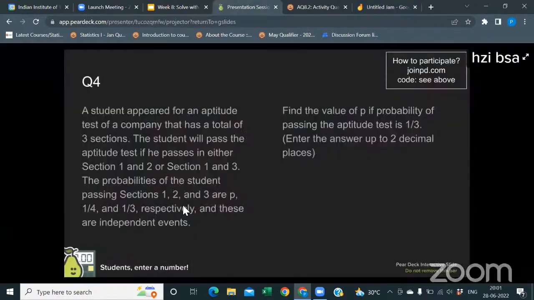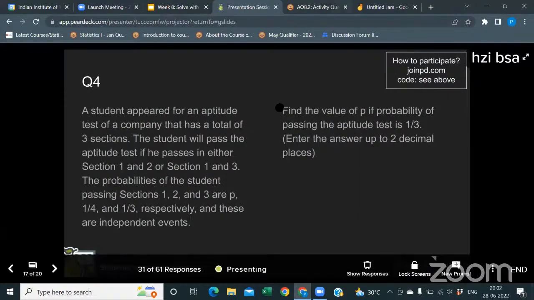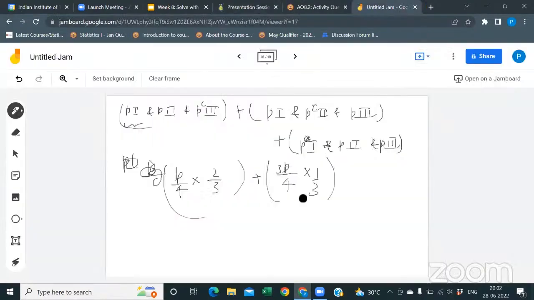You did 1 minus 1 by 3, right? Plus you did for this one P by 4, and 1 minus 1 by 4 means 3 by 4. So it will be 3P by 12, right? And the third condition was P by 12.